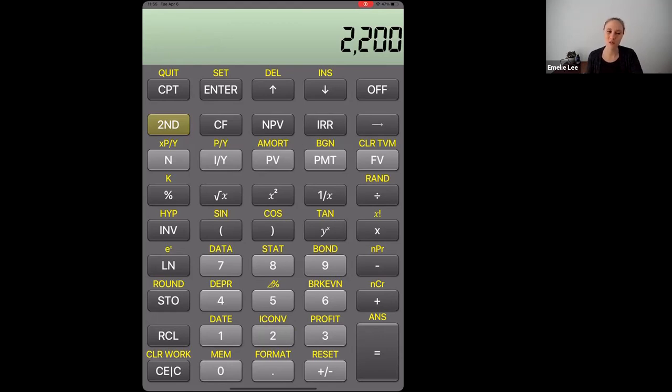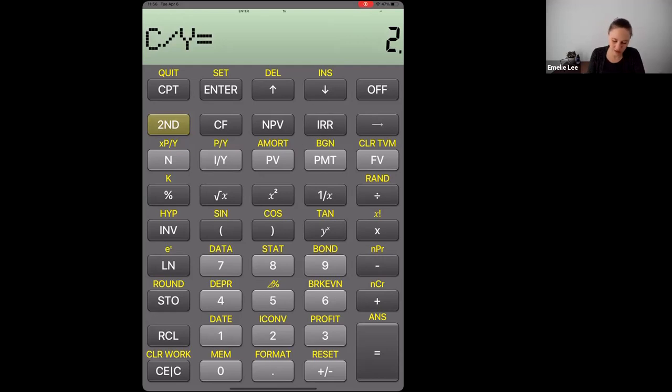I will say this, for the whole test, it actually doesn't matter. So I'm pretty sure you can get away with just not doing any negatives. On the final, it'll matter, but for this one, it doesn't matter. Technically, it should be negative, right? I'm making payments of 2,200. 0 future value, and I'm making 12 payments per year.